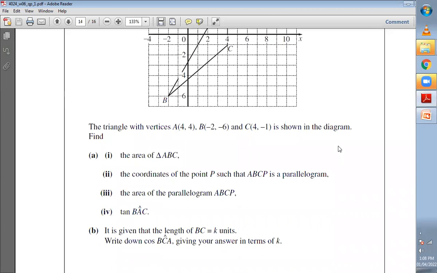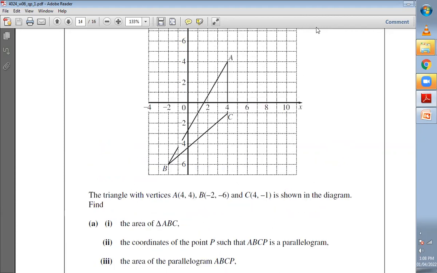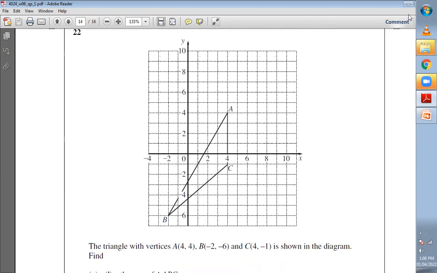The question says the triangle with the vertices A (4, 4), B (-2, -6), and C (4, -1) is shown in the diagram. The first question is to find the area of this triangle ABC.